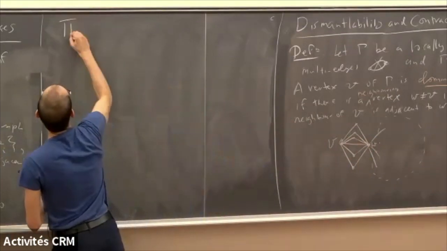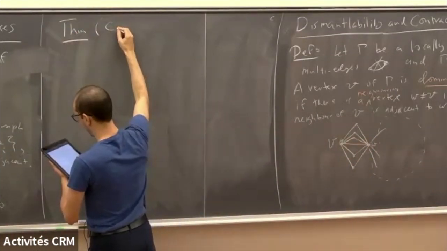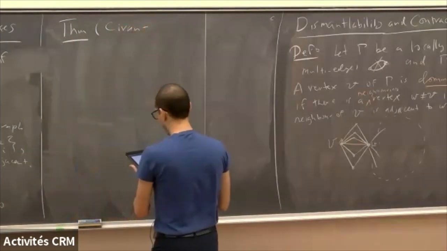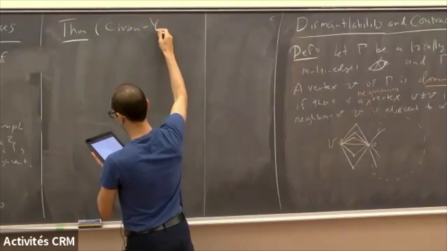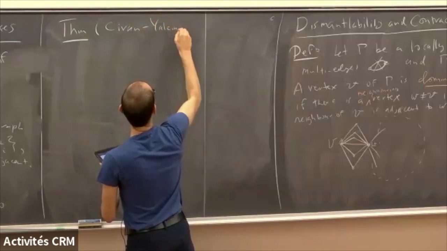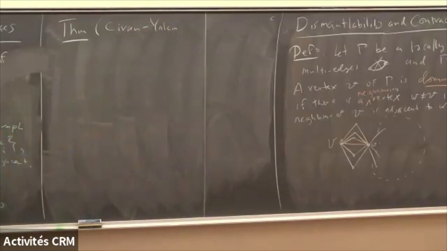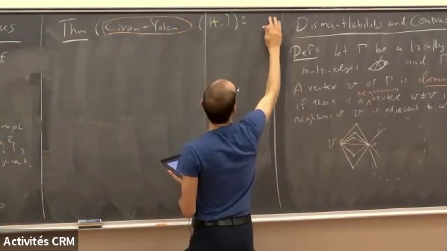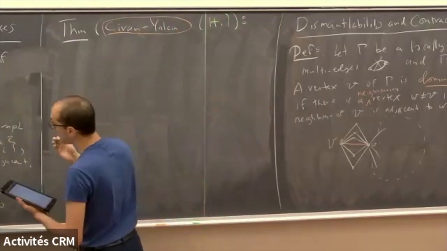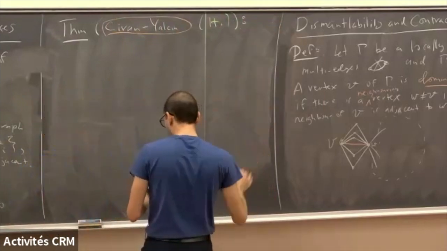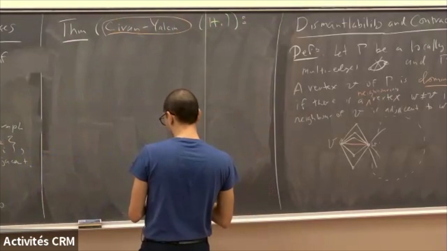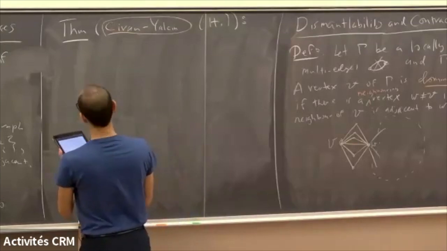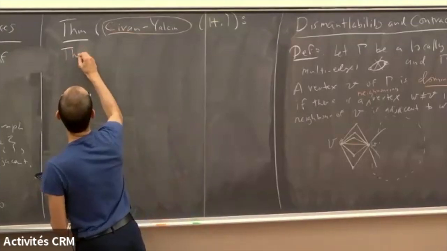Okay, so why is this relevant to geometric group theory? Well, it turns out that you can upgrade dismantleability to contractibility, if you have the right kinds of cells.